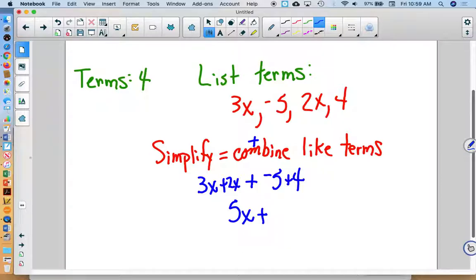Combining the constants, negative 5 plus 4 is negative 1. That's simplified now. And I don't think when we looked at it the other day that we got it, you've dealt with it now a little bit.